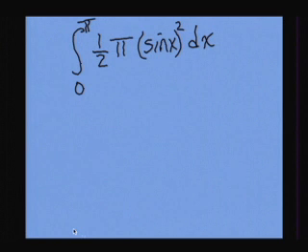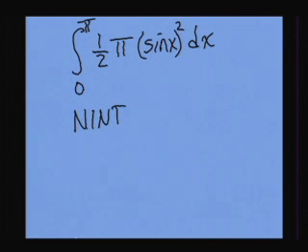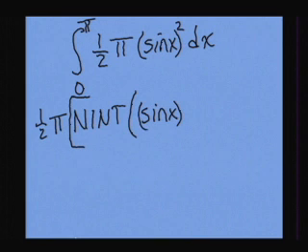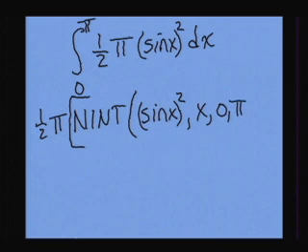So what we have is, of course, throw this into the nInt, remembering that we still have the 1/2 pi outside of this, and our function is sine of x, which we should put in parentheses, squared. x is our variable, 0 to pi is our limit of integration.